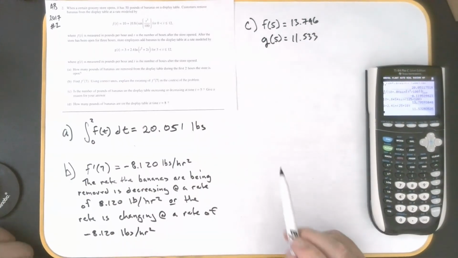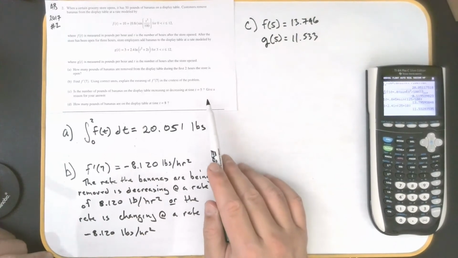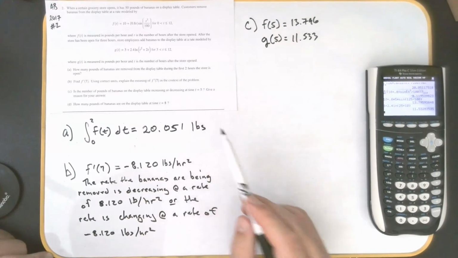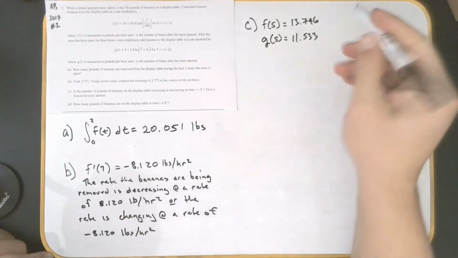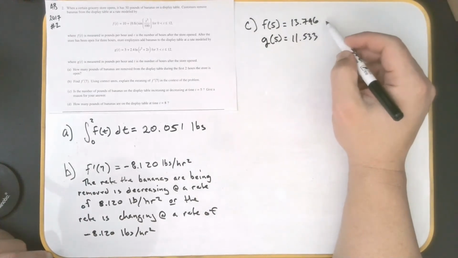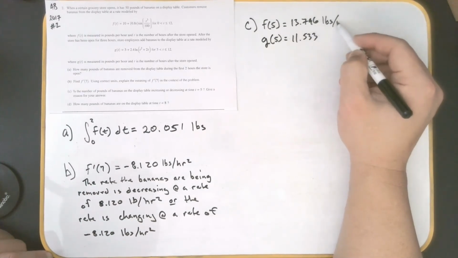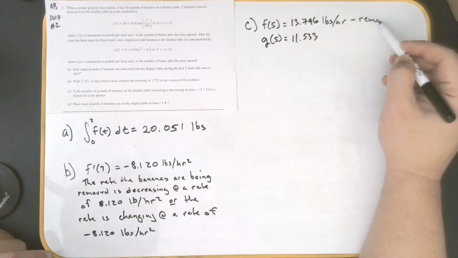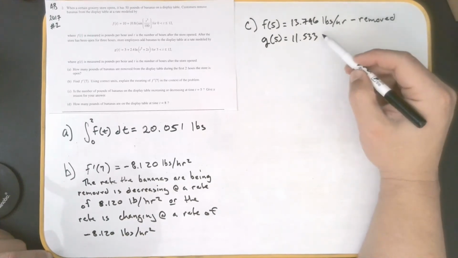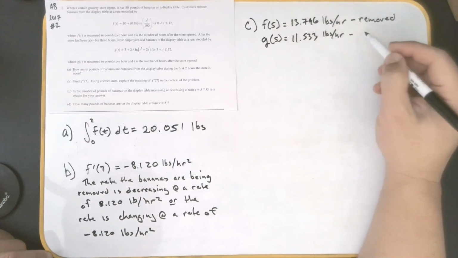Okay, so now we have the two numbers. Let's look at the question again. It says, is the number of pounds of banana on the display table increasing or decreasing at t equals 5? And give a reason. Well, f of 5 is 13.796, and this would be pounds per hour. And this is how many are being removed or purchased. So I'm going to say this is being removed. And then this here, pounds per hour, this is being restocked.